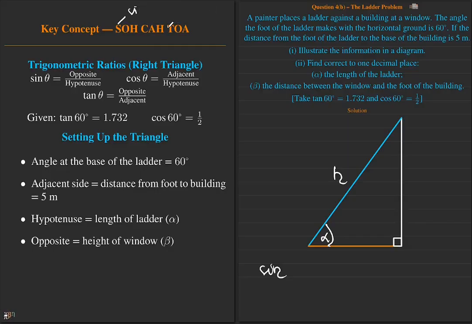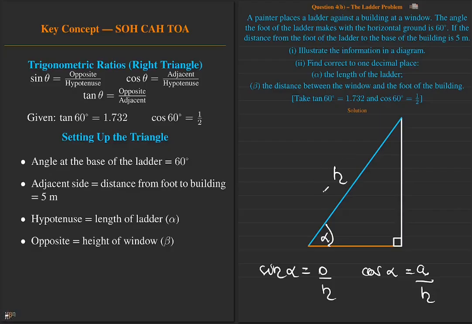If this is our reference angle and we want the sine of this angle, alpha, it is simply the opposite side over the hypotenuse. If you want the cos of alpha, then that is going to be the adjacent over the hypotenuse.